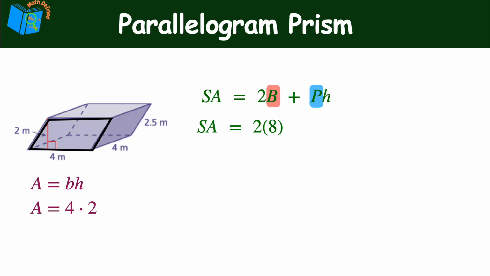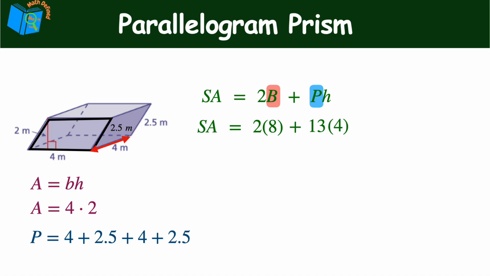The side lengths of the parallelogram are 4 meters by 2.5 meters. So 4 plus 2.5 plus 4 plus 2.5 is 13. The H, or the height of the prism, is 4. Remember, the height of the prism is the distance between the two parallel bases. Again, we just multiply and then add, giving us a total surface area of 68 square meters.